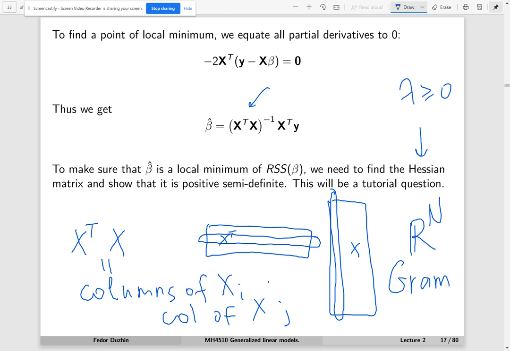In any case, what I'm trying to say is that another fact is that the gram matrix is invertible if and only if the vectors involved in its construction are linearly independent. So in other words, the matrix X transpose X is invertible if and only if columns of the matrix X are linearly independent.